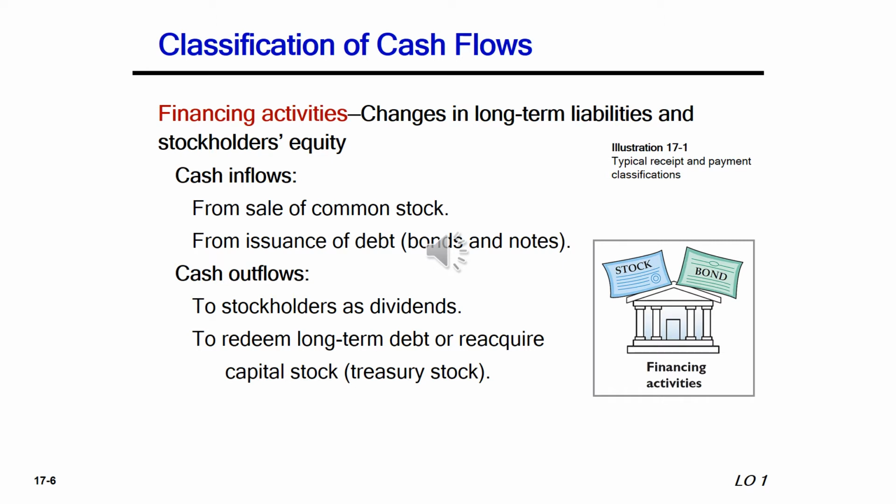And on the cash outflows side, it would go out to stockholders as dividends, or to redeem long-term debt or acquire capital stock or treasury stock. So those are the three classifications of a cash flow statement and the types of accounts that you would typically expect to find in each of these sections.